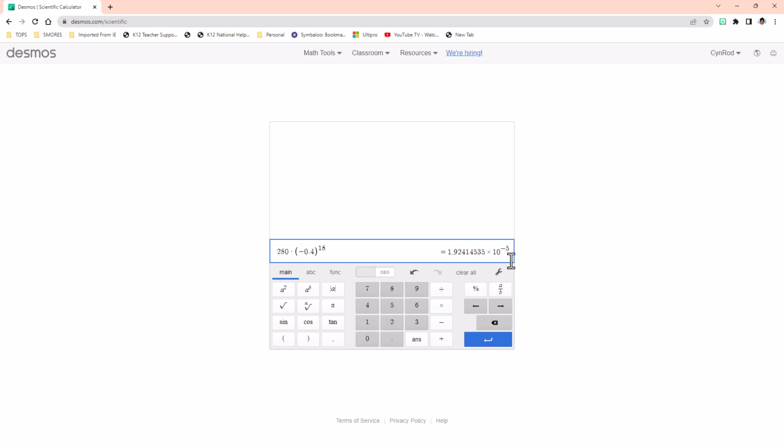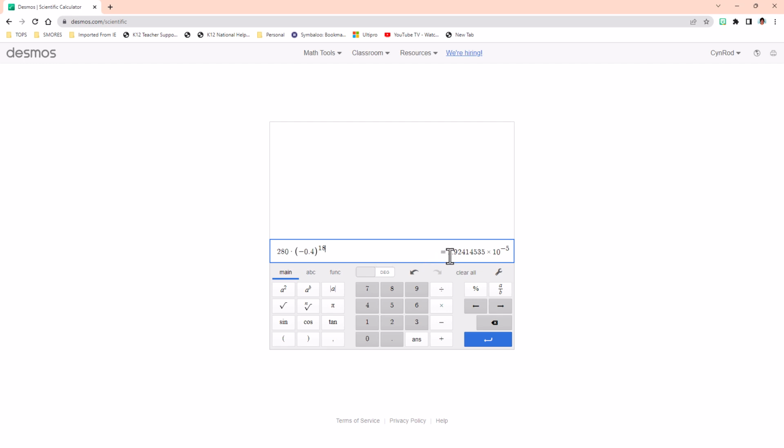Now let's look at our answer for a minute because our answer choices did not look like this. We're going to convert this scientific notation. We're going to take that decimal point and move it 5 places to the left. So on your paper, move it over 1, 2, 3, 4, 5. So that's going to give us a decimal place and then 4 zeros.